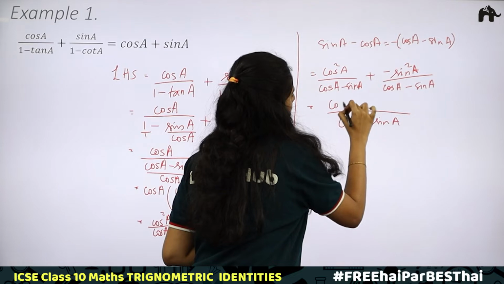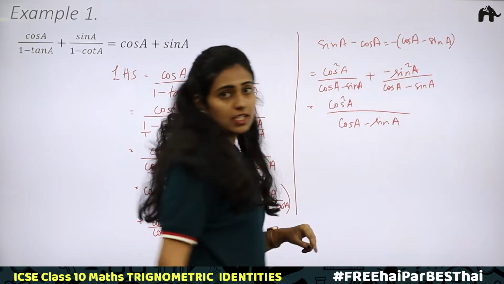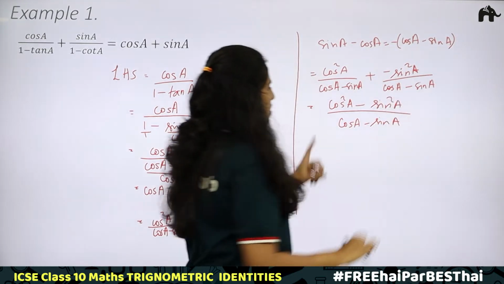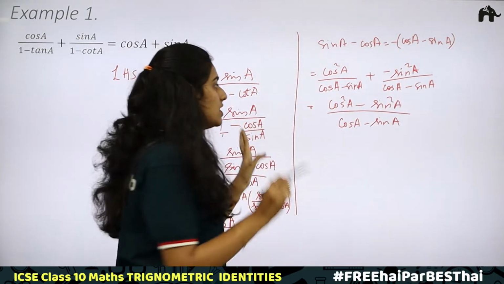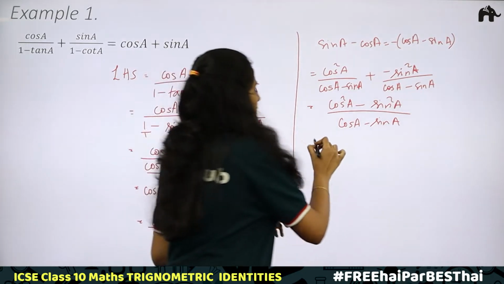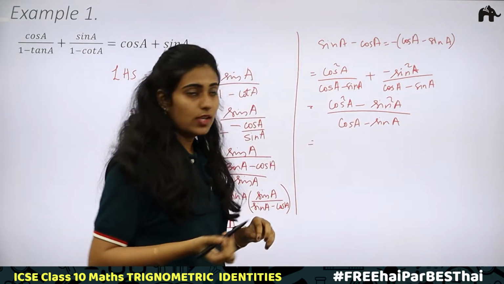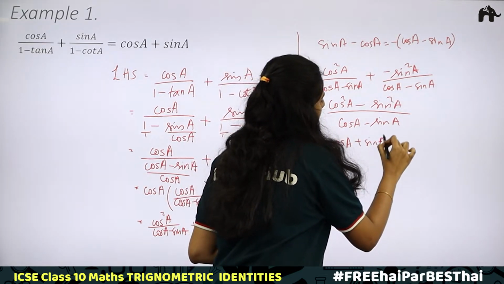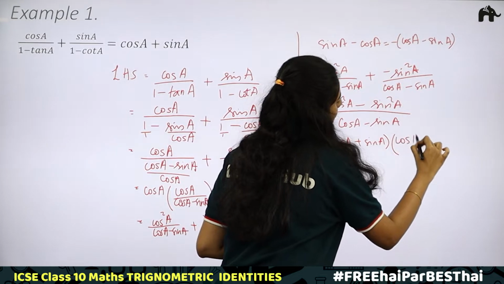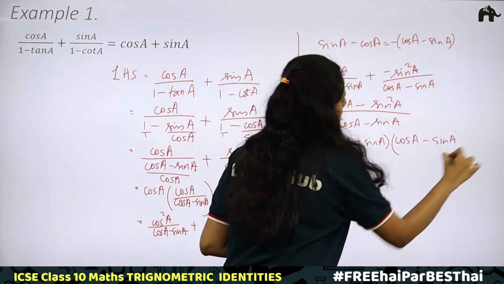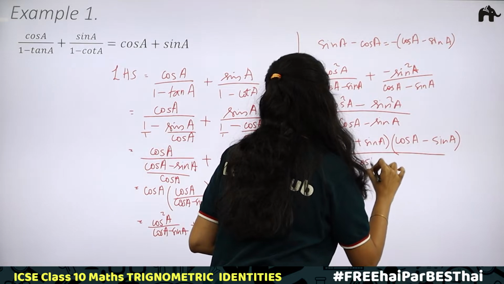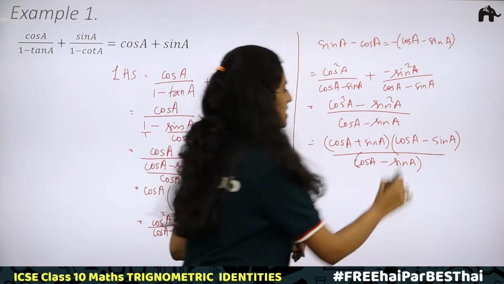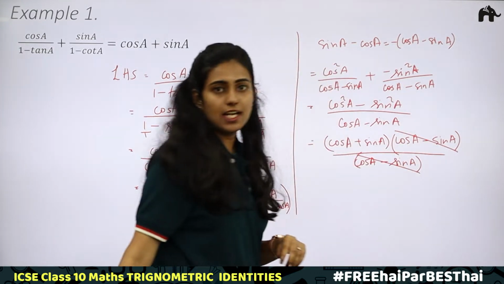Numerator, here we have cos square A plus and minus, plus into minus is minus sin square A. This is of the form A square minus B square, which is A plus B into A minus B. Therefore, cos square A minus sin square A becomes cos A plus sin A into cos A minus sin A divided by cos A minus sin A. We can cancel this cos A minus sin A from numerator and denominator.